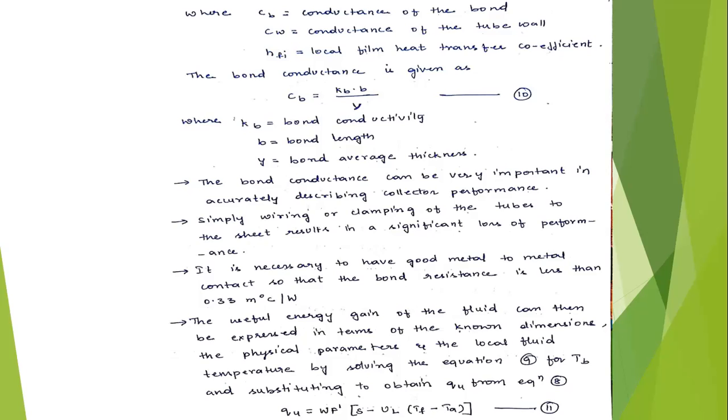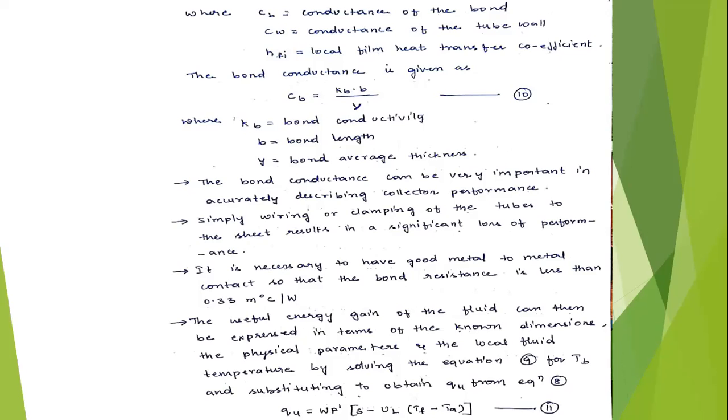As stated before, the useful energy gain of the fluid can be explained with more terms when we know the dimensions, the physical parameters and the fluid temperature flowing in the local tubes.